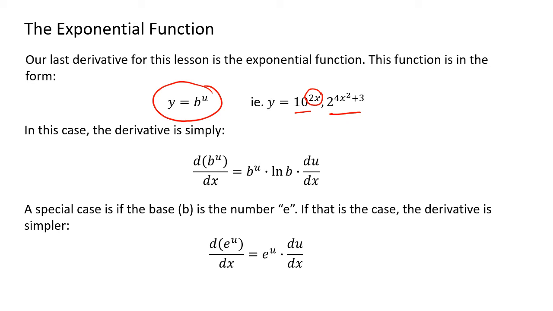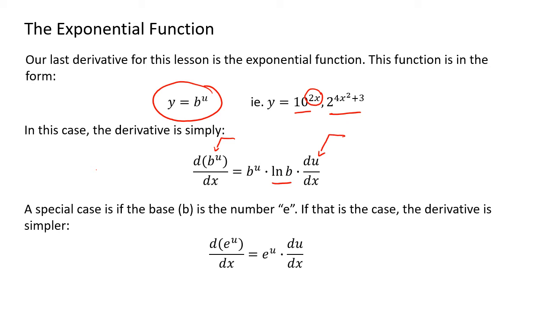So if we're doing the derivative of this, you're noticing that these are following similar themes. The derivative of this function, we'll call it b to the u, is equal to that same function, b to the exponent u, multiplied by the ln of whatever the base is, b, times the derivative of that function.